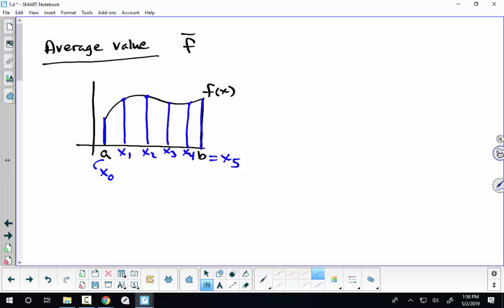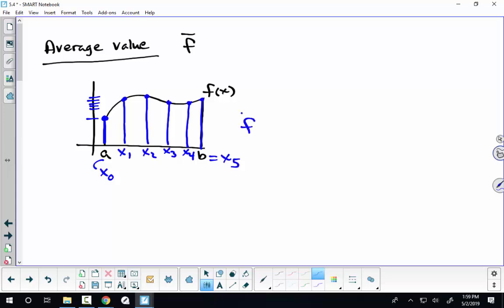So how would we get the average of these y values? Say those are our six y values. Since we're after the average of the y values, the first thing we have to do is add up those y values.